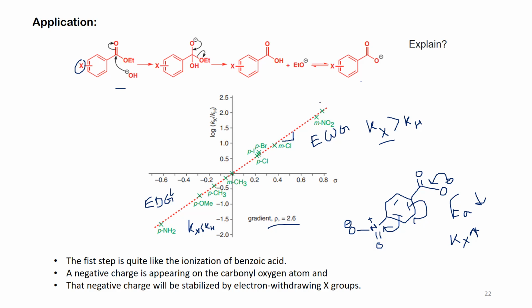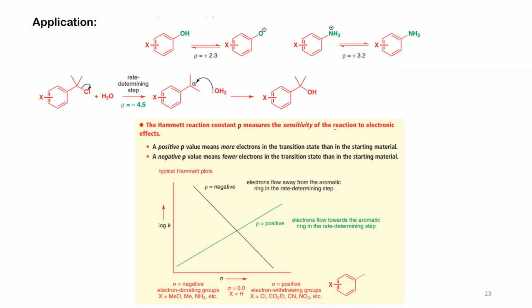Whenever the rho value is positive, it means the reaction rate is higher than that of the simple substitution, that is, when there is no substitution. When the rho value is higher, that means the reaction rate is greater than that of the simple substitution. Now consider this one. Here you can see there is a minus H plus.